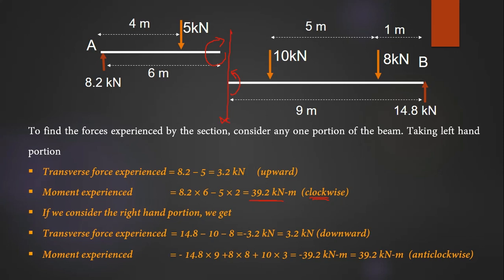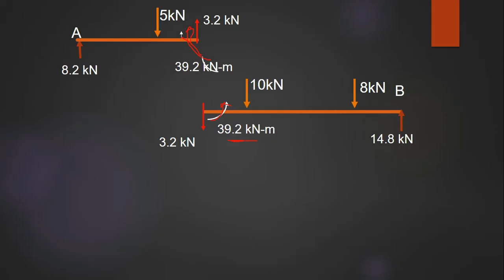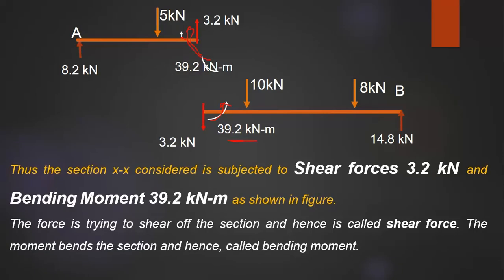This is section XX. So this is plus 39.2, and this is minus 39.2. So this is how we find the shear force at a section and the bending moment at that particular section.